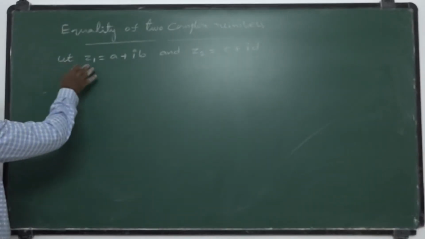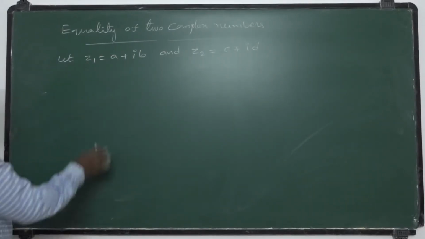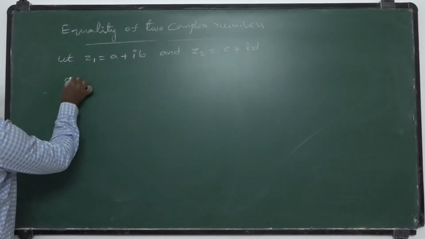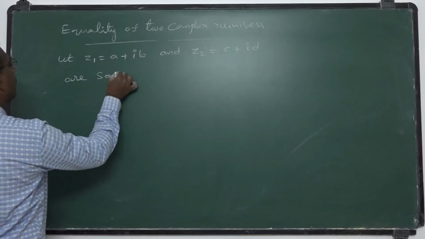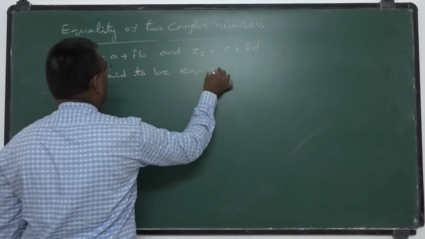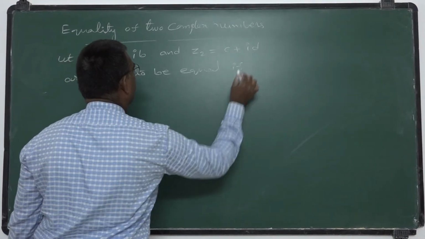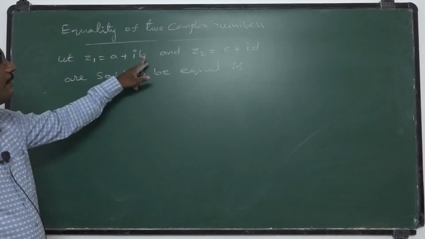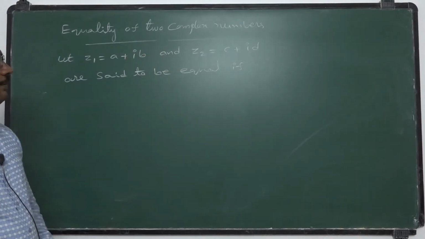They are said to be equal if the real parts are equal and imaginary parts are equal.